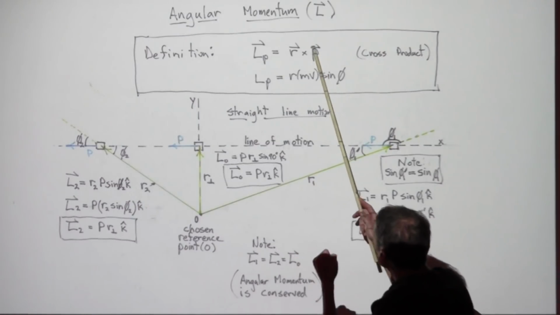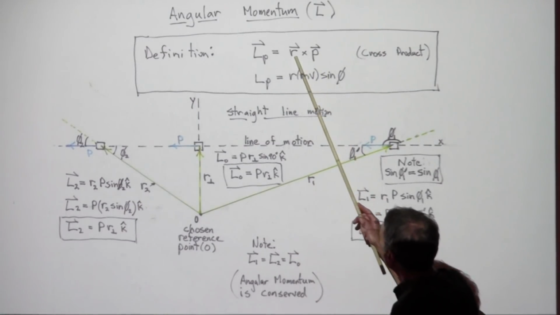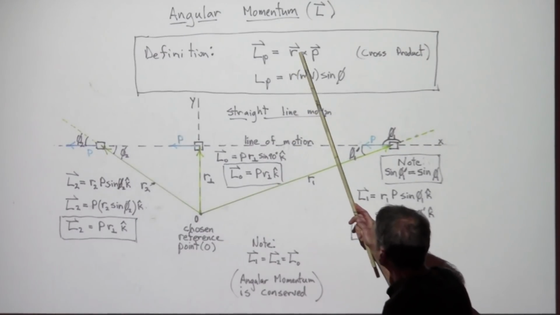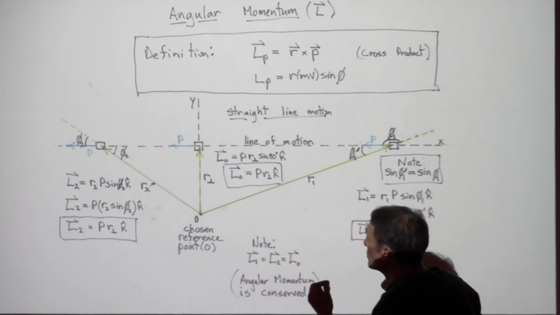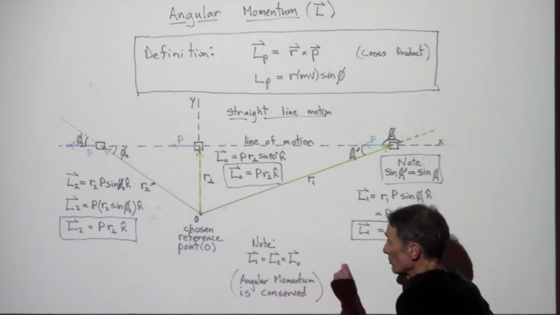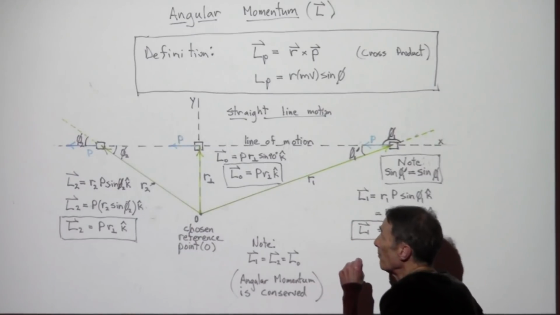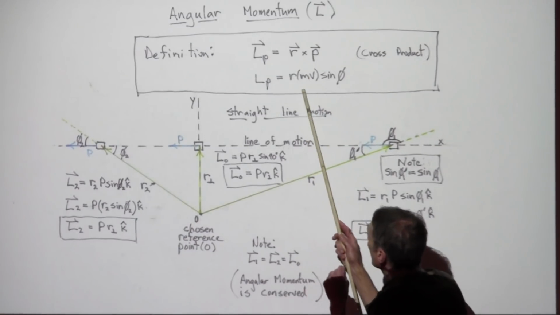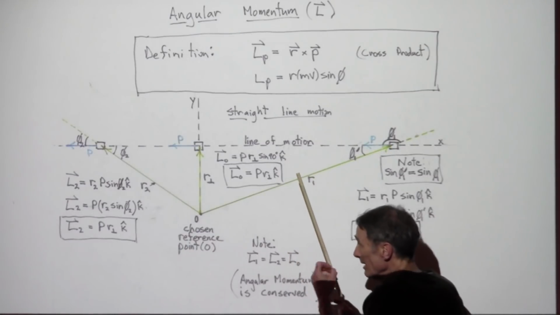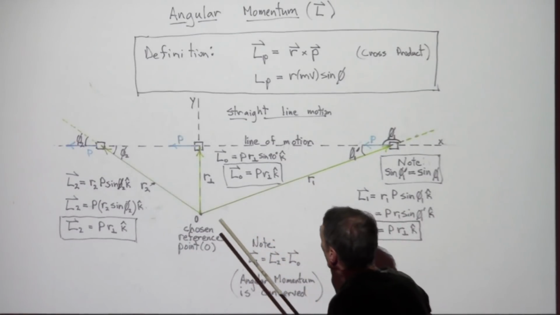So if you've got something with some momentum, the R is going to be the point from some chosen origin, and very often you have the choice. Sometimes there are natural choices that are better than others, but let me illustrate it with something that's moving in a straight line. This is sort of counterintuitive.